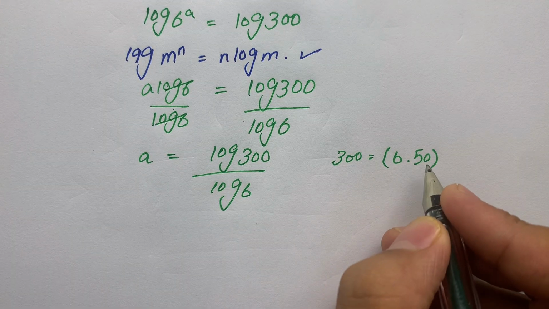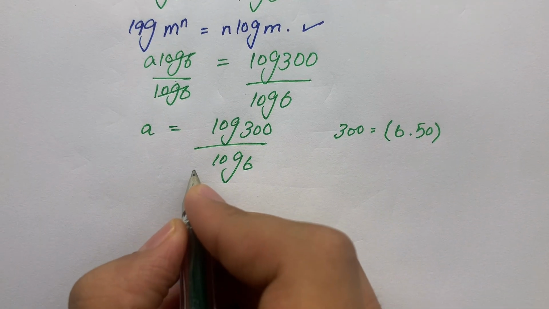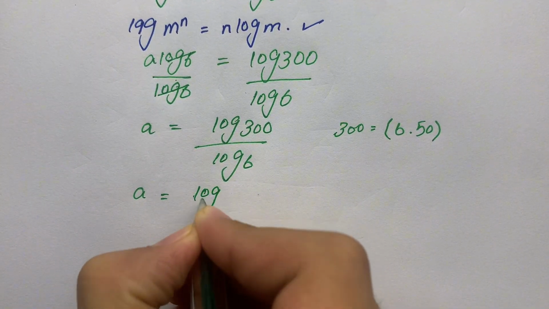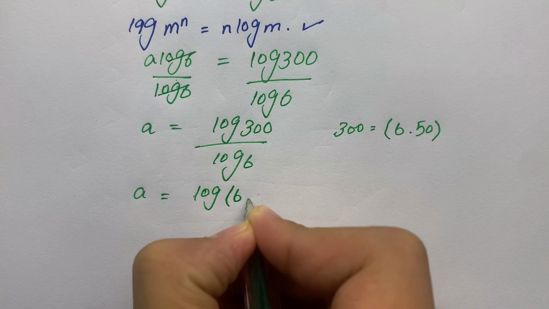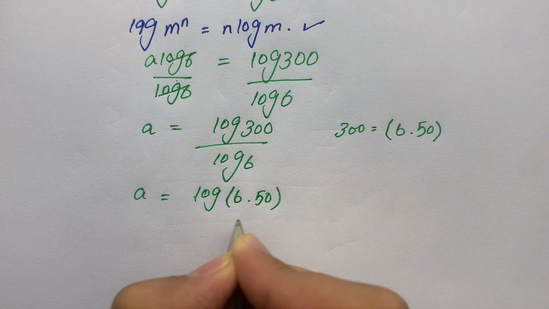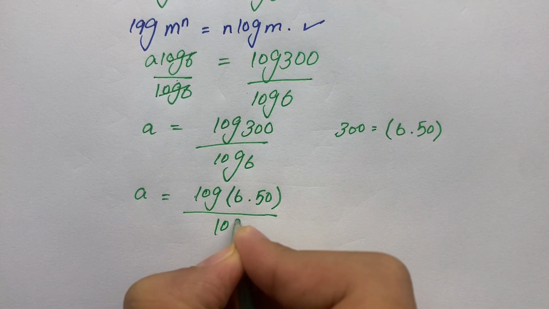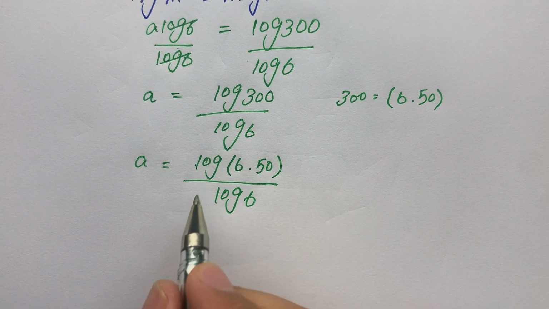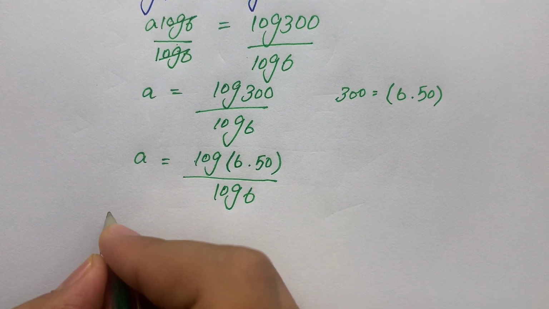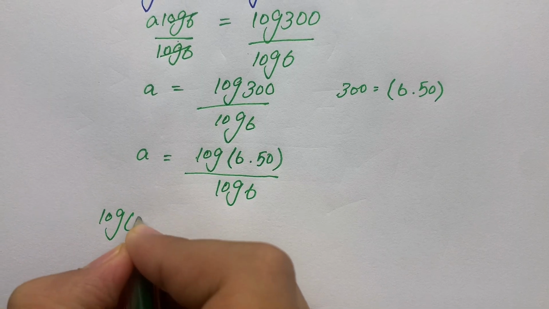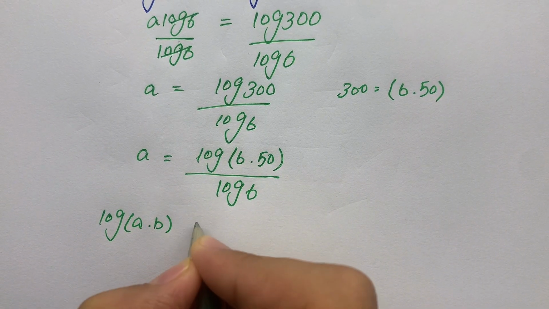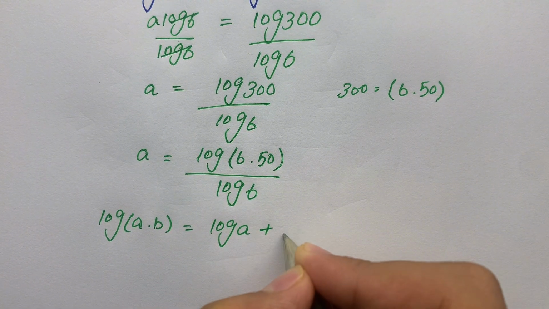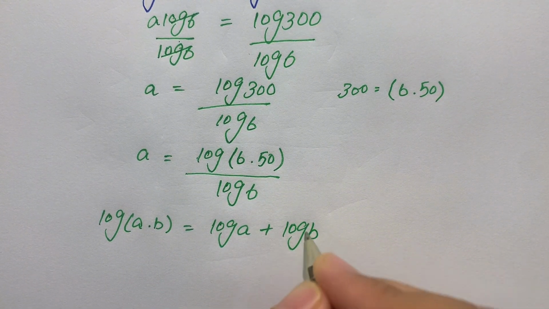We replace it by 6 into 50, so a is equal to log of 6 times 50 divided by log of 6. Now we use the formula log of a times b is equal to log of a plus log of b.